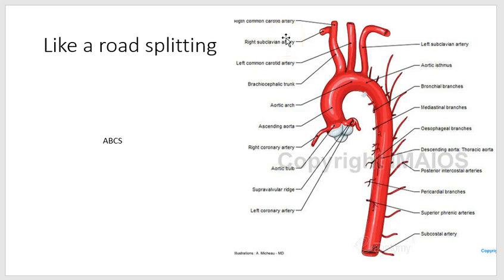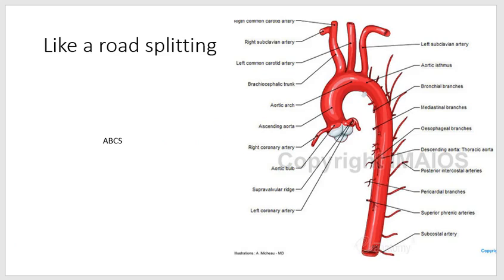And there's lots of variety to this. Sometimes there's another artery called the vertebral, and you'll have your vertebral here in between your left subclavian and common carotid, and there's just a lot of variations that can happen in this. This is the most common, and so this is the one that we're learning.